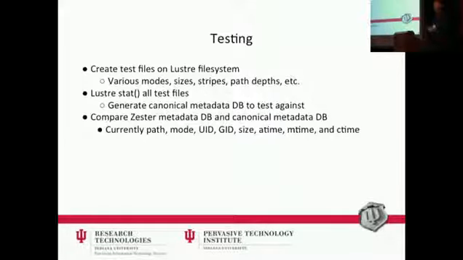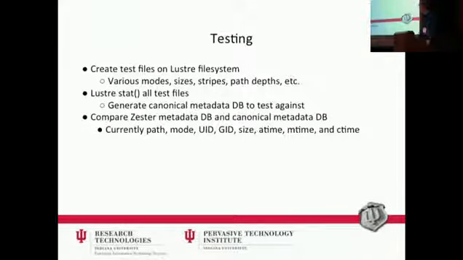So we create a group of files, then we go through and Lustre stat all those files, because in the end we want to know exactly what Lustre feels that file is, and we want to match things up exactly. We have a script for each of these pieces.